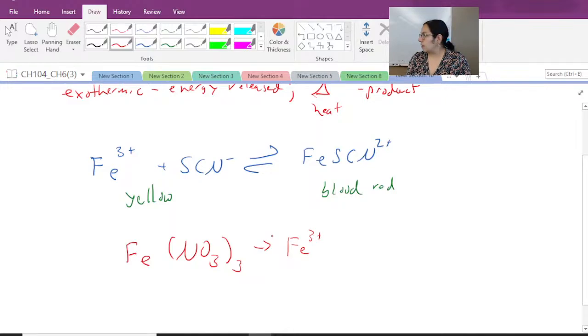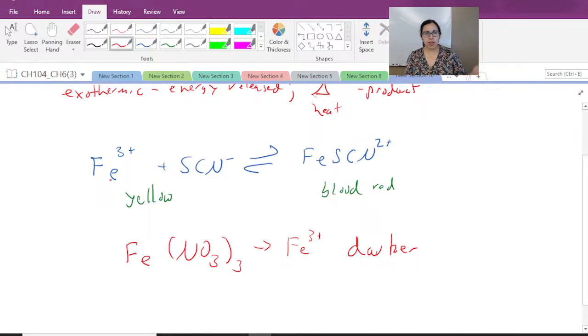So what did we get, or what do we expect? It should get darker. Is that what people observed? I see some nods. And that's what we expect. So we can go back to Le Chatelier's principle.